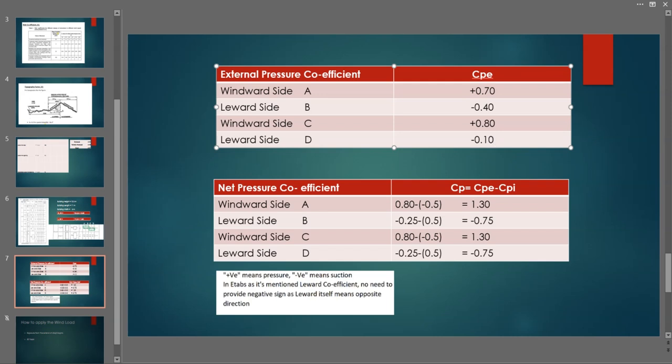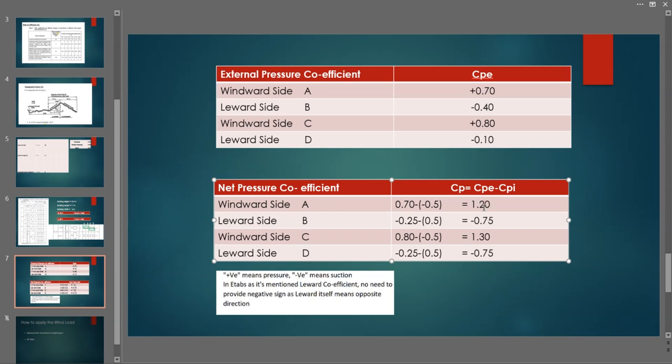Now that we have understood these things, you have to find the windward side A. This is the net coefficient pressure, and this is the value of CP. Here you just need to add, so this will be 0.70, and after adding that you will get this value as 1.2.